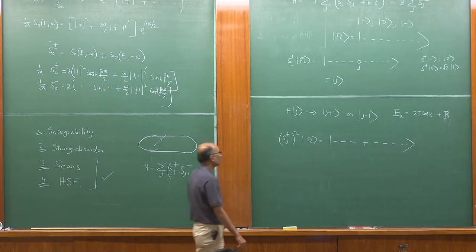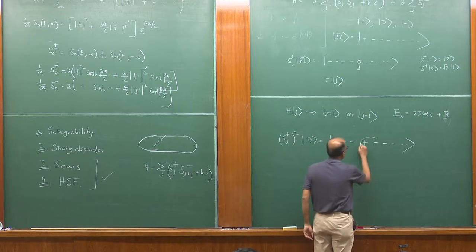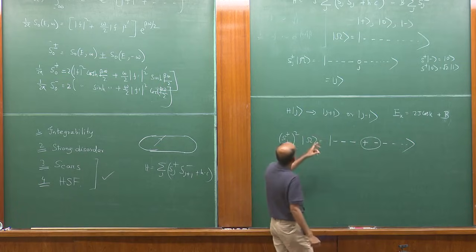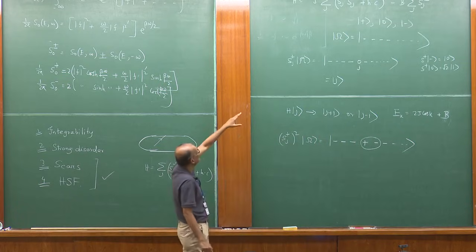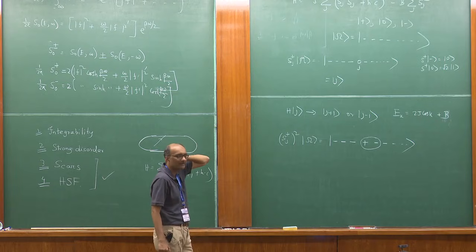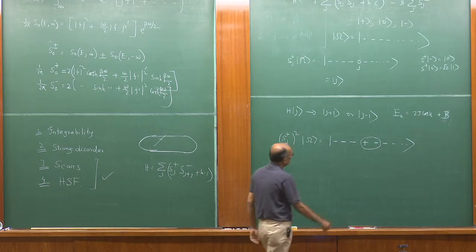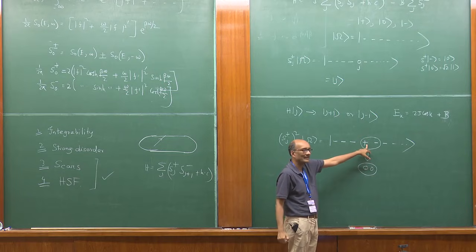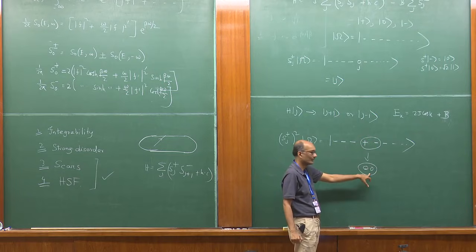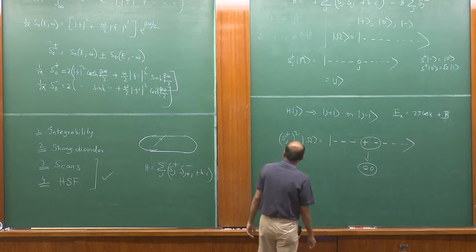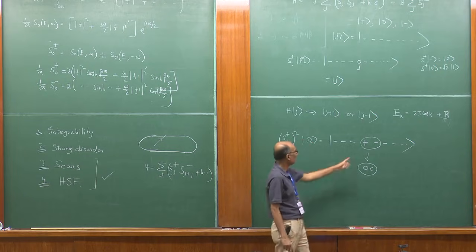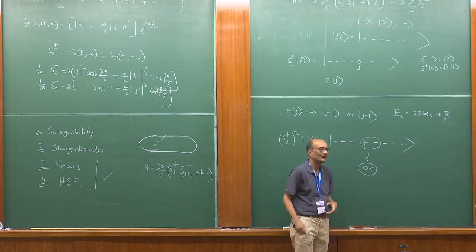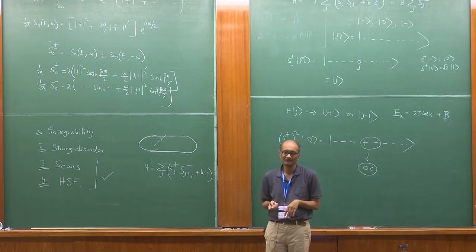Now think of a given plus minus pair out here. This term Sj plus Sj minus converts this pair into 0, 0, because Sj minus can act here, Sj plus can act there, and that gives you a 0, 0. Now, I could have created this plus either on an even site or an odd site.